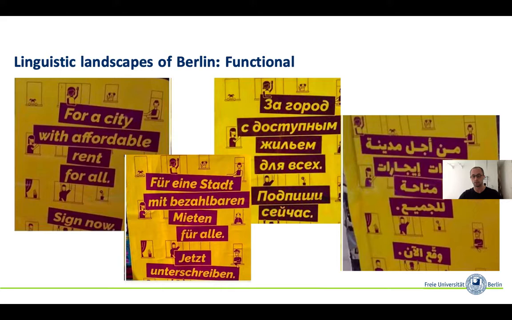But here, it is very easily decoded why these languages are used, because those are the languages that many inhabitants in Berlin are using, right? Funnily enough, not all people who can read that can really sign the petition, because you have to be a German citizen if you want to sign the petition. But anyway, people speaking those languages will get the message.